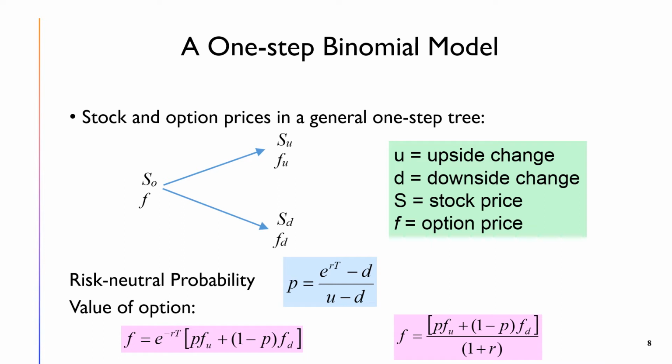The second formula on the bottom right of the slide assumes discrete compounding. The expected value of the option in future is discounted with 1 plus interest rate. To sum up, the option value is the present value of the future expected value of the option, considering both the probability of upside and downside change.